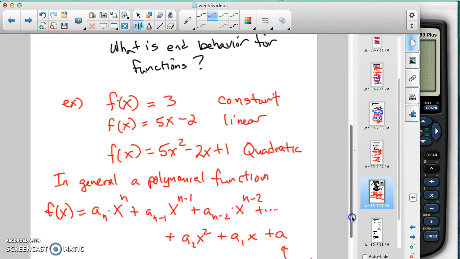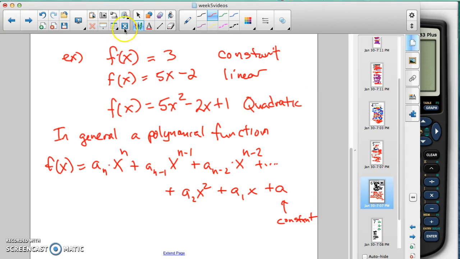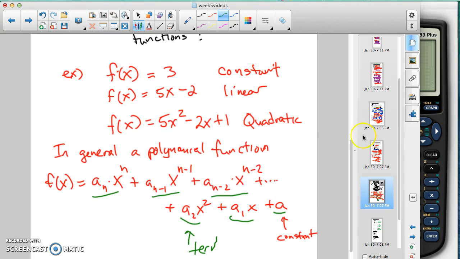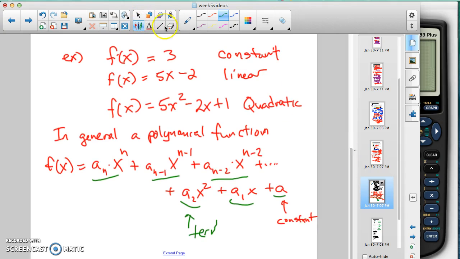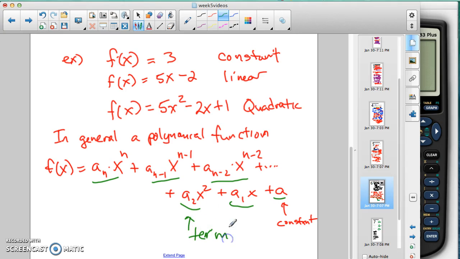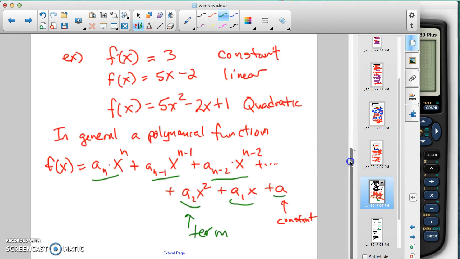Now, each of these values is called a term in the polynomial function. Each of these is called a term. So for example, in this quadratic function right here, 5x squared is a term, negative 2x is a term, 1 is a term.